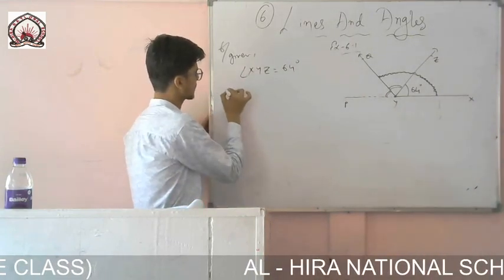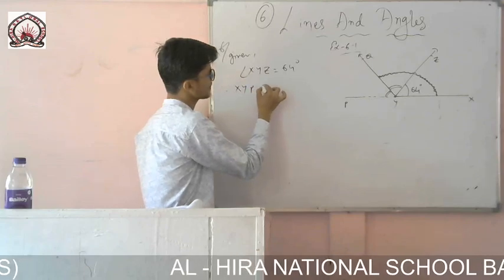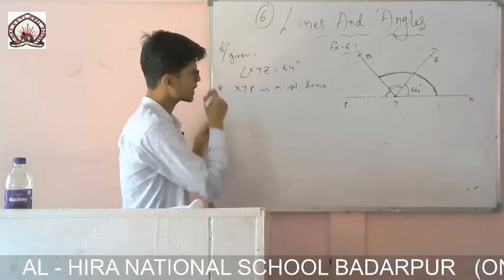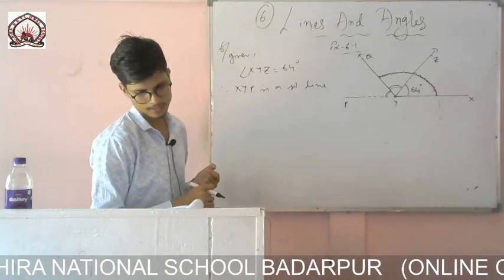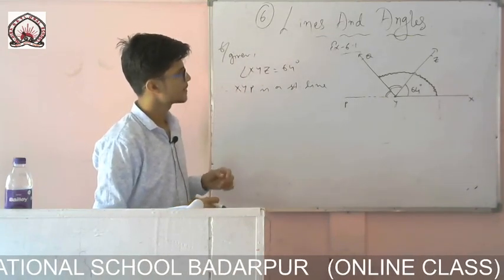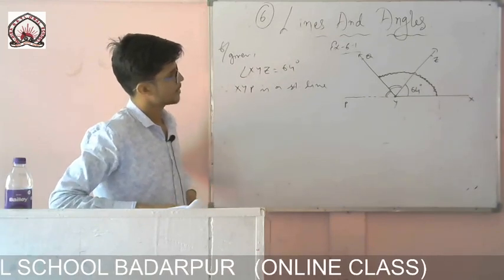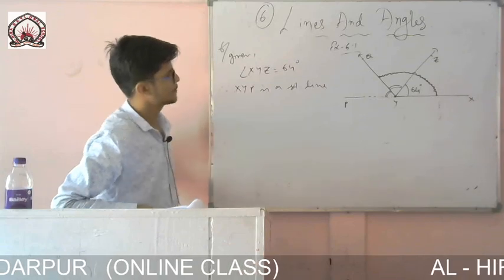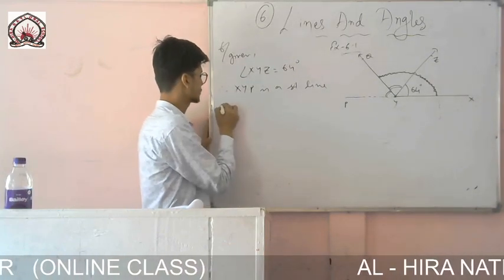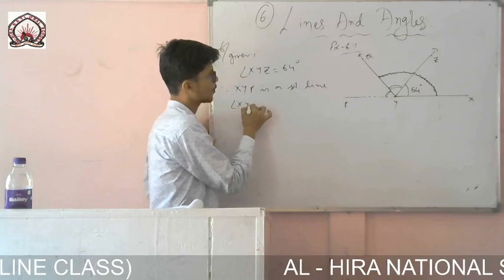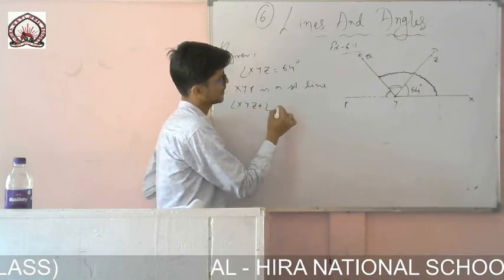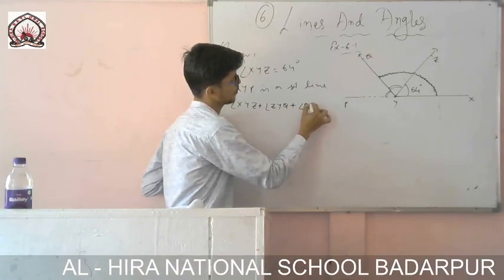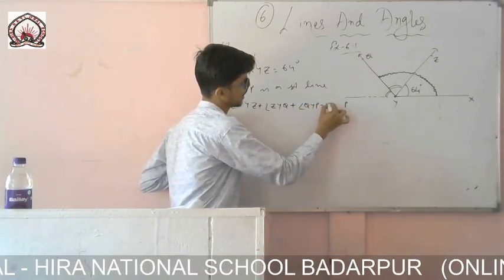Since XYP is a straight line, XYZ plus ZYQ plus QYP will be equal to 180 degrees. So I can write XYZ plus ZYQ plus QYP will be equal to 180 degrees.